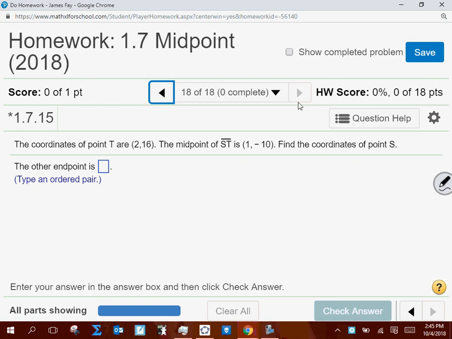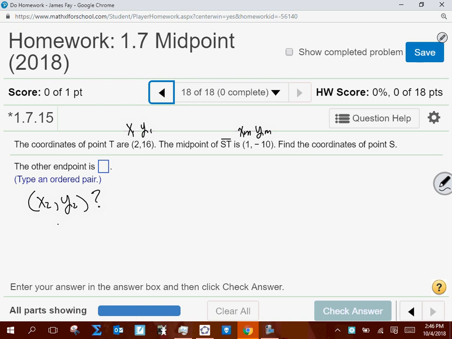So they're asking us for what the x sub 2, y sub 2 is. That's unknown. It says the coordinates of point T are 2, 16, so there's my x1, y1. In the midpoint, it'll define what we're calling it, like whether it's point M or point E or whatever. We know it is the midpoint, so it's x sub m, y sub m.